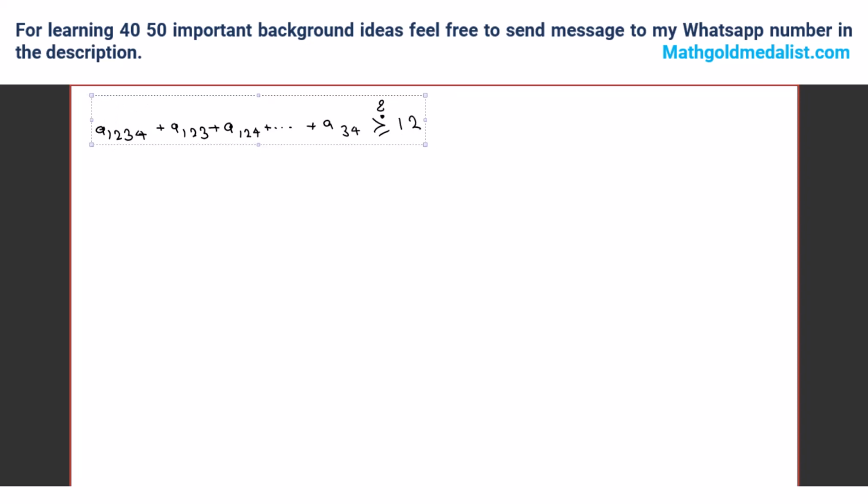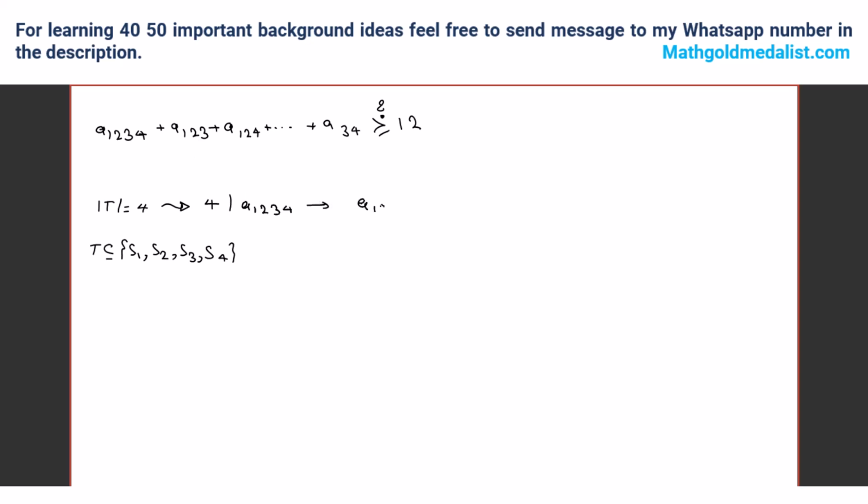And let's apply the conditions. If t is 4, because it says 4 divides the intersection of all of them, then what can we say about these variables? T is a subset of S1 to S3, S4, right? Then 4 divides what? Exactly, A1234.